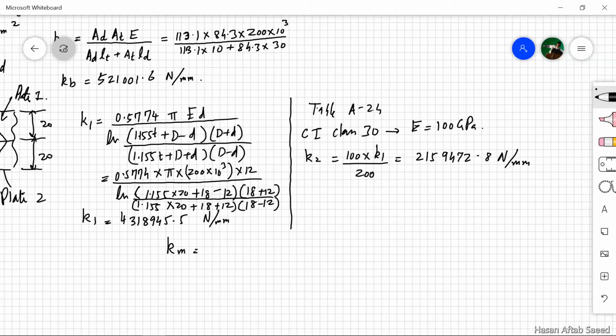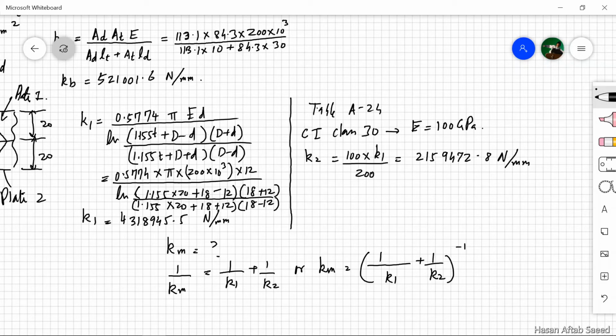Now we're talking about Km. Because these are in series, 1 over Km is 1 over K1 plus 1 over K2, or Km is equal to 1 over K1 plus 1 over K2, inverse, which turns out to be, and you can put these values of K1 and K2 and you get this, 1439648.5 newtons per millimeter.